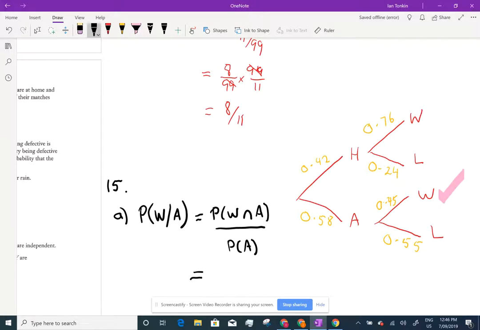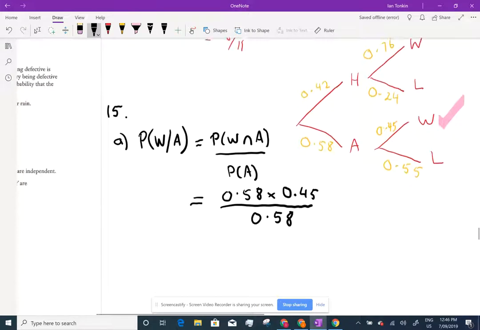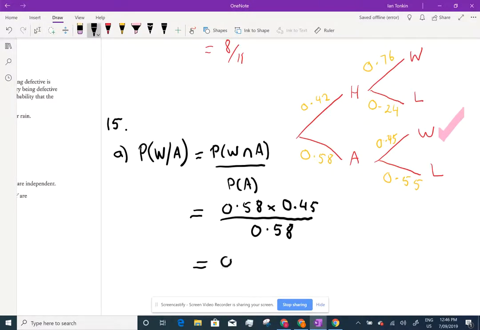So that's 0.58 times 0.45. And the chance that they're away is just 0.58. Which is 0.45.